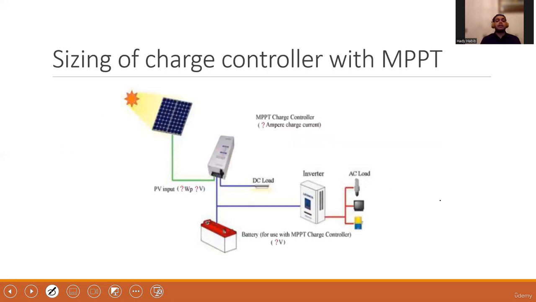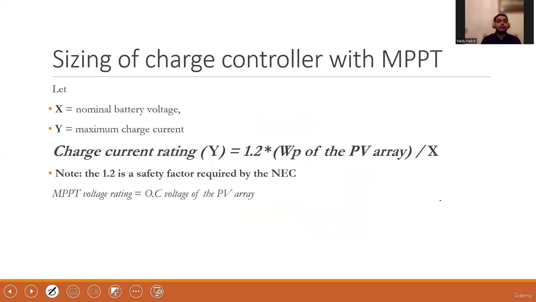If we are going to have the second type of charge controller, which works to achieve the maximum power and has the option of maximum power point tracking, then the law will vary in the way that you will see now.